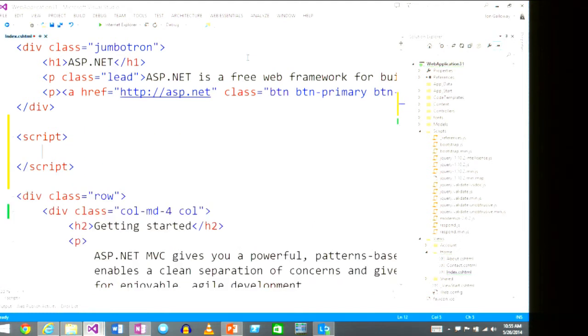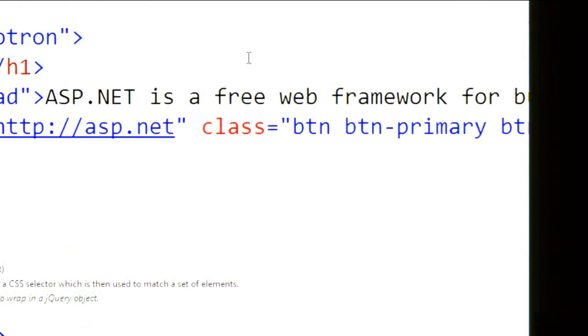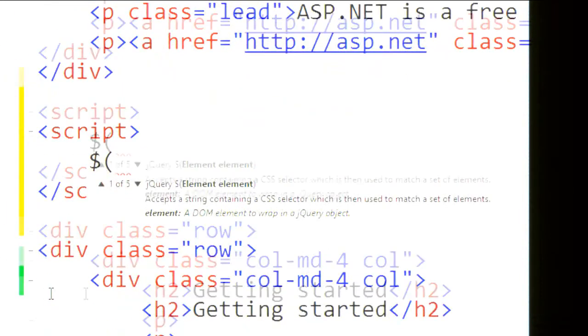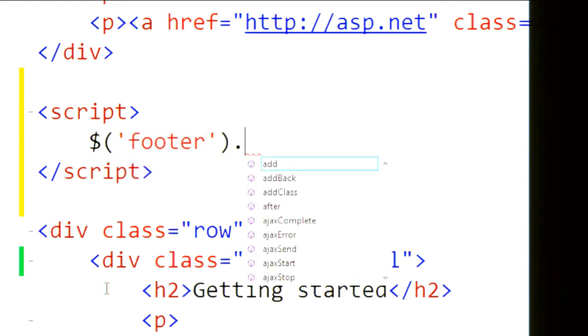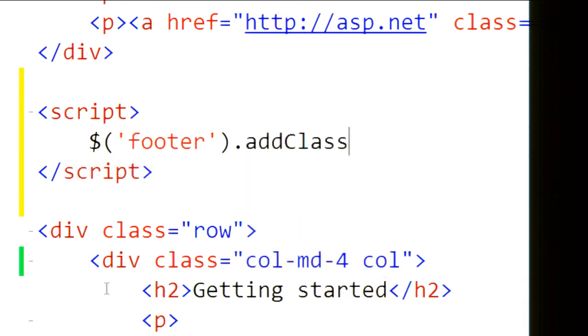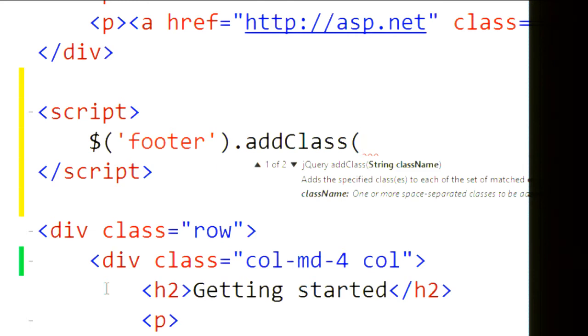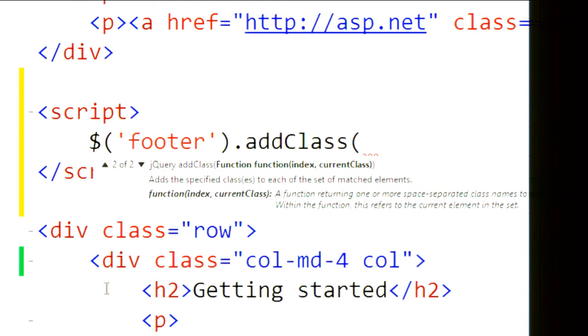Okay, so if I type $, parentheses, it's giving me the IntelliSense there, and I could say header, or let's go footer. And I can start typing addClass, and it knows, okay, you need a class for string name. So this is another great example, and this has all the overrides and everything for you.